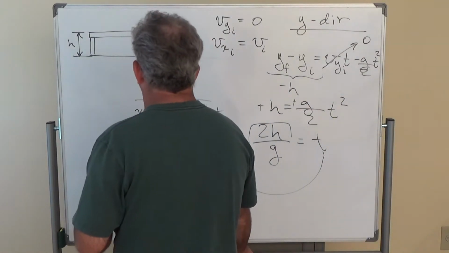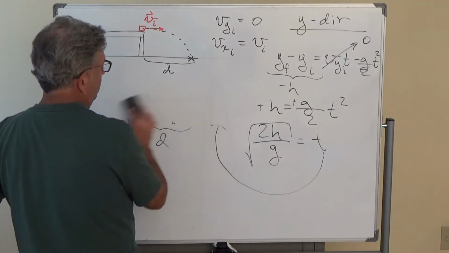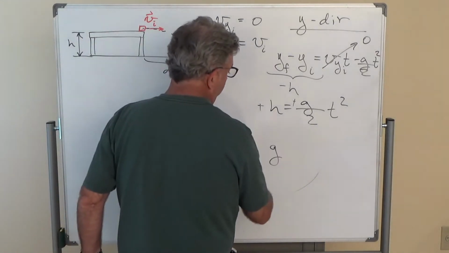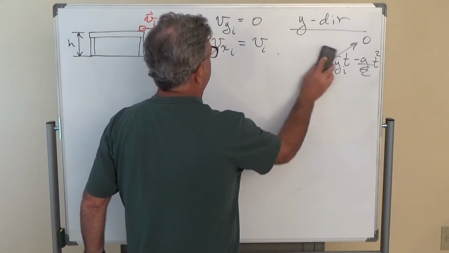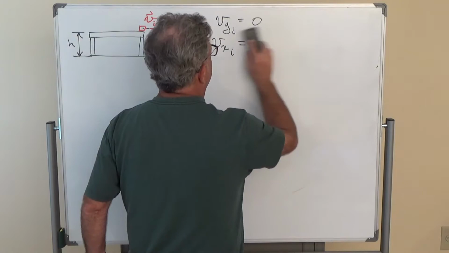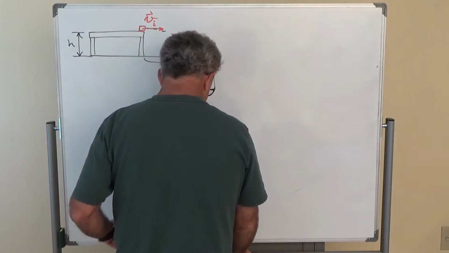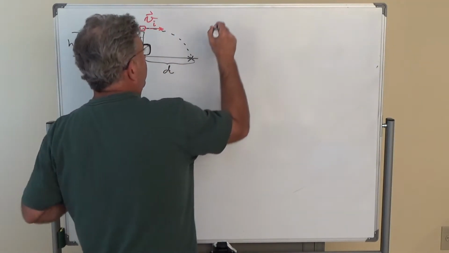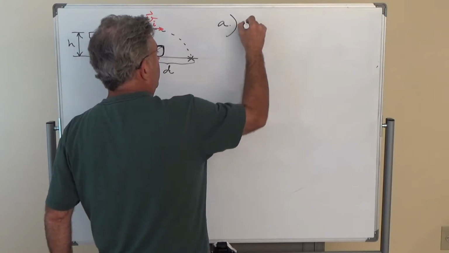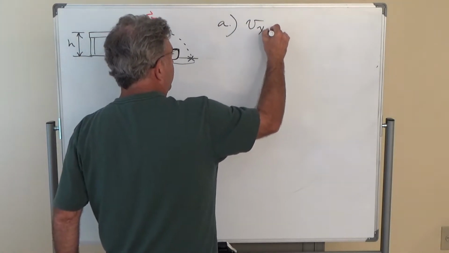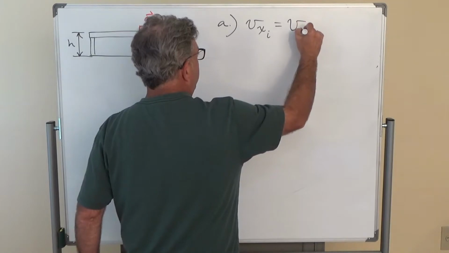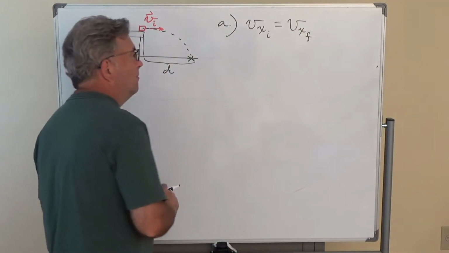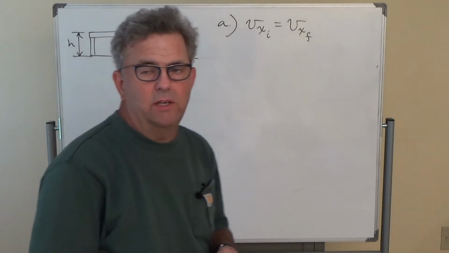In part B, it asks, what is the final velocity? Remember, we found in part A Vx initial, and that equals Vx final. That does not change.